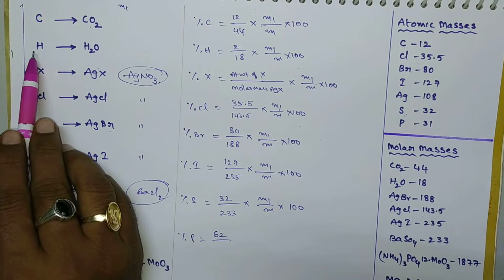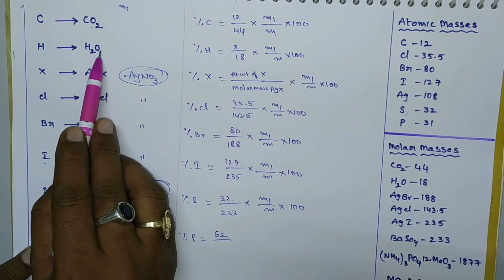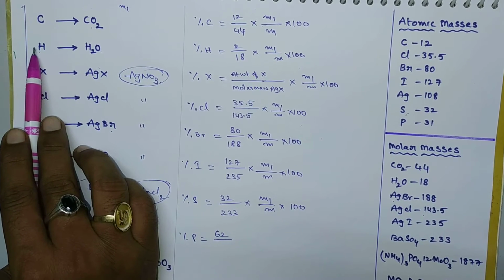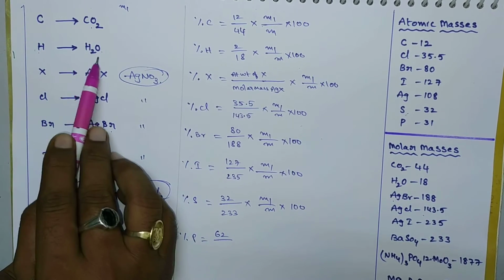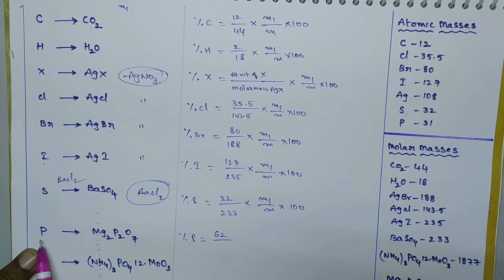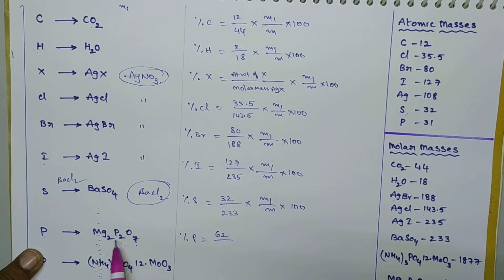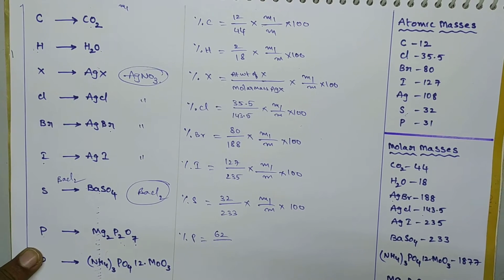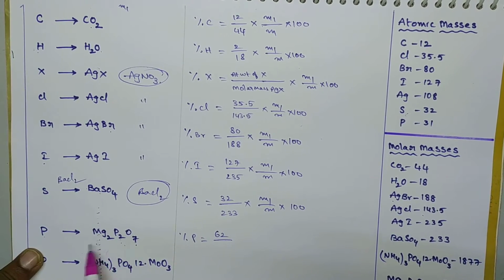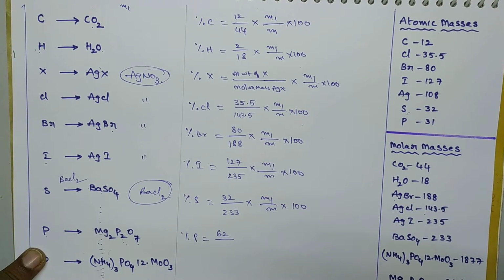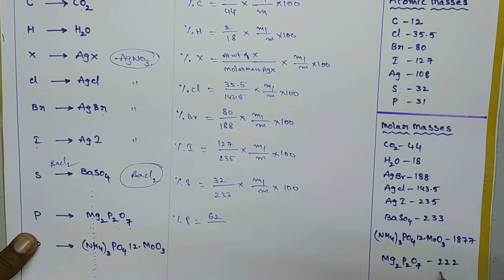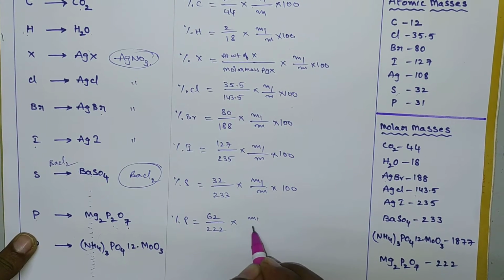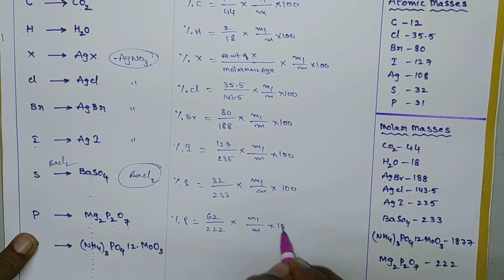Just as hydrogen is converted into H2O, where one mole of hydrogen element is converted into H2, here phosphorus is converted into P2, so we consider 2 times the atomic mass. So 62 by the molar mass of magnesium pyrophosphate, which is 222, into m1 by m into 100.